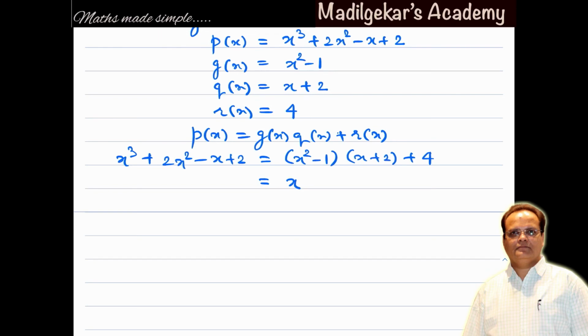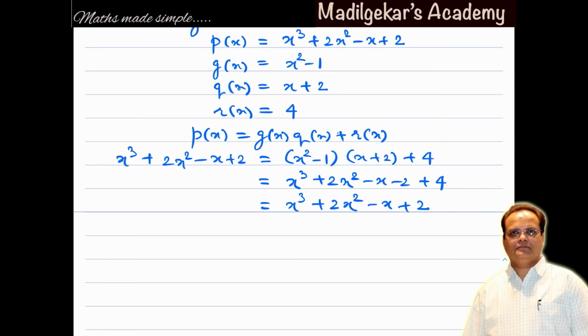Multiply brackets, x cube plus 2x square minus x minus 2 plus 4, that is x cube plus 2x square minus x plus 2. So LHS is same as RHS. So division algorithm is also satisfied.